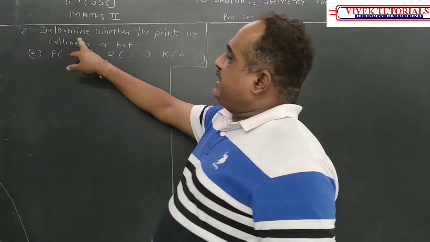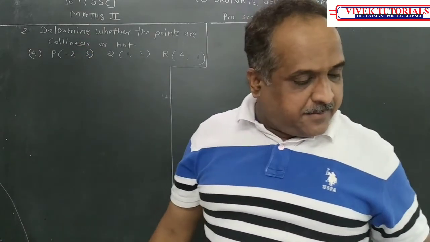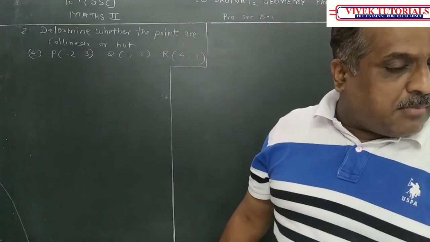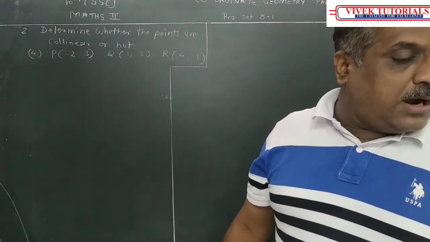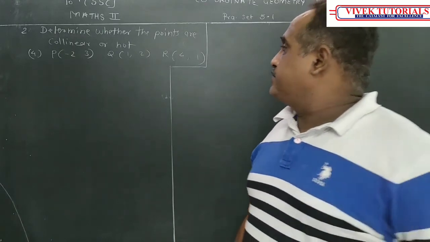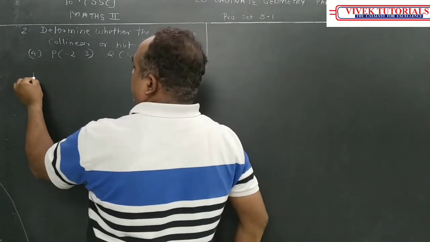We have determined that these 3 points are not collinear. I will check the question once again. The points are (-2, 3), (1, 2) and (4, -4, 1). Okay. So, how are we going to do it again?